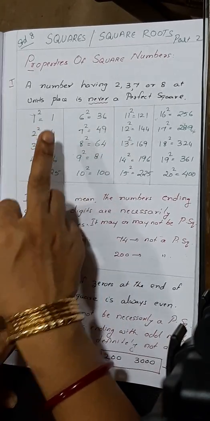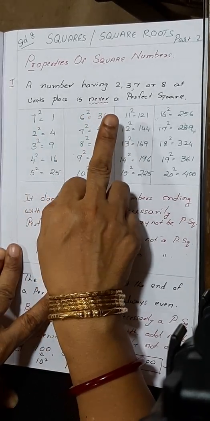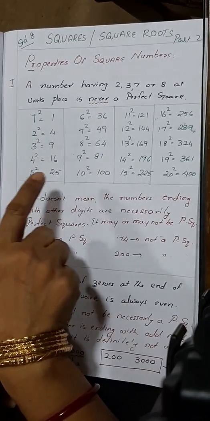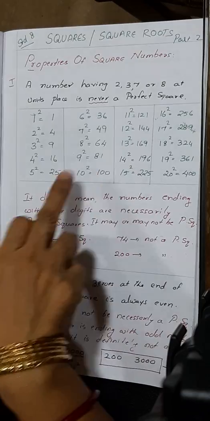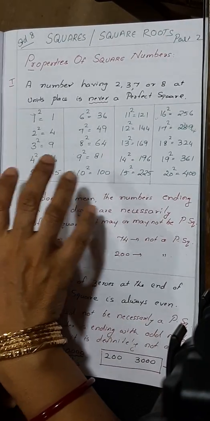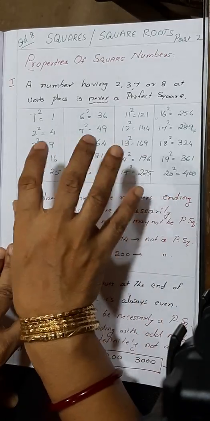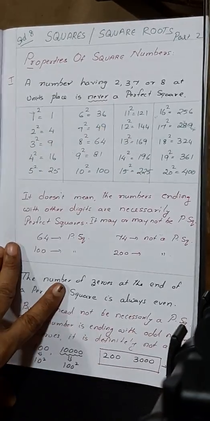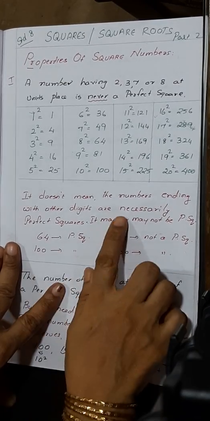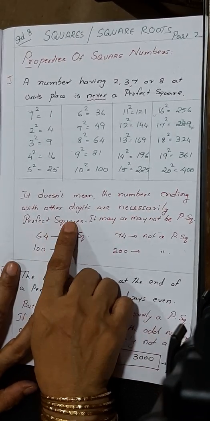But numbers ending with 0, 1, 4, 5, 6, 9 doesn't mean that all those numbers are perfect squares. It does not necessarily mean that it is a perfect square.